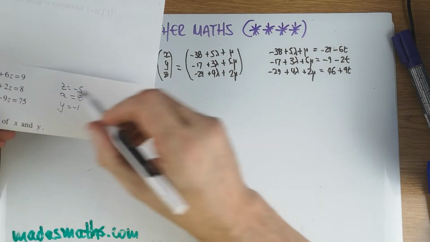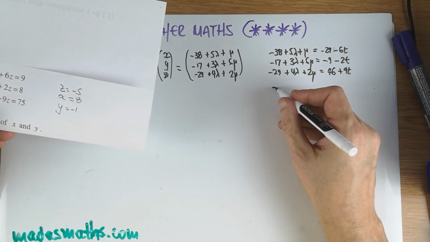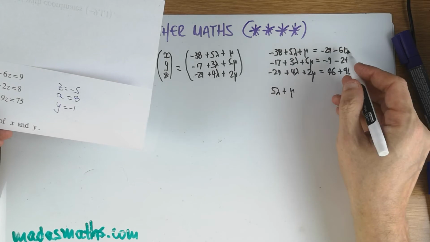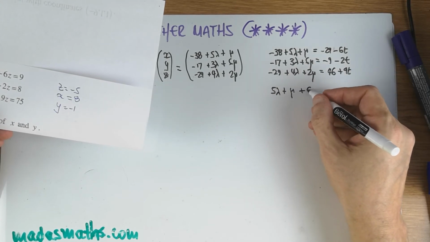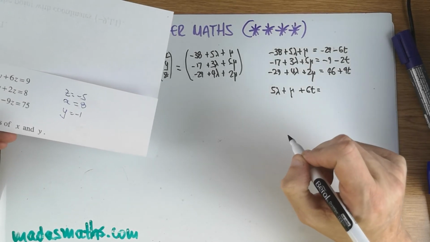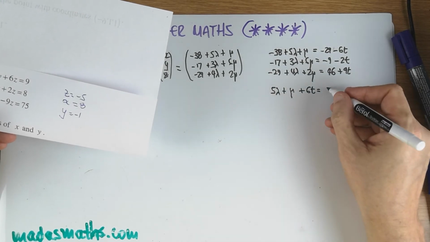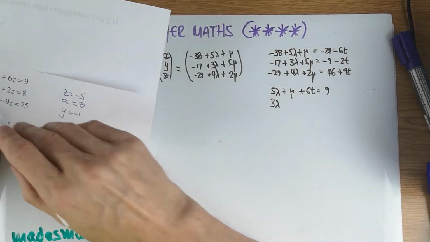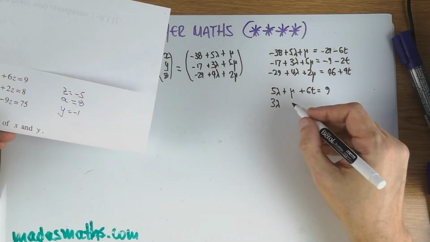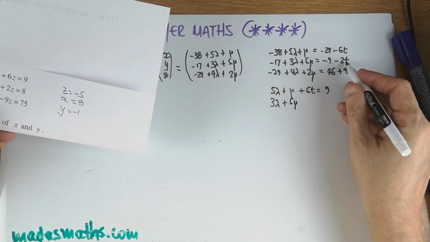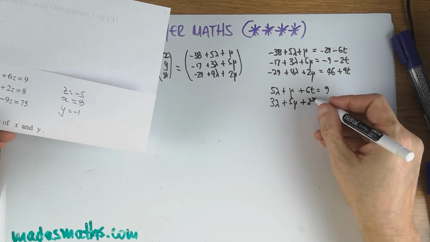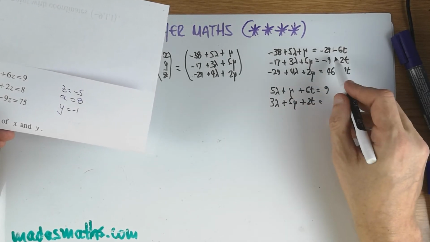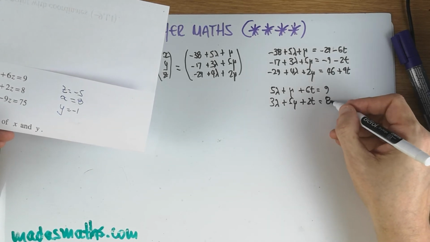Look at this 5x plus y plus 6z. 5 lambda plus mu, bring the t bits to the left, plus 6t, minus 29 add 38 is equal to positive 9. And then 3 lambda plus 6 mu, move that to make it plus 2t, and then hopefully this will match. It's going to go plus 17, so in fact it is equal to 8.